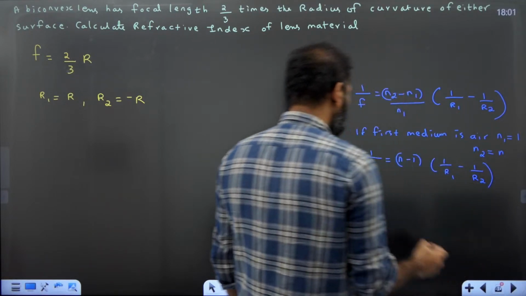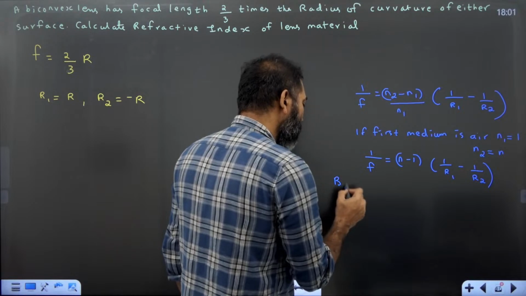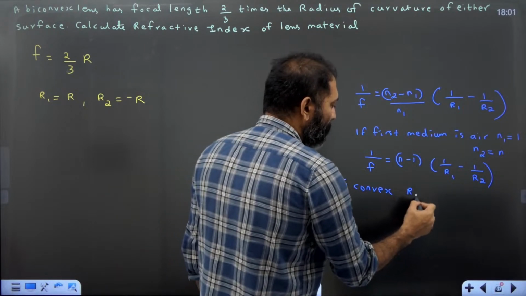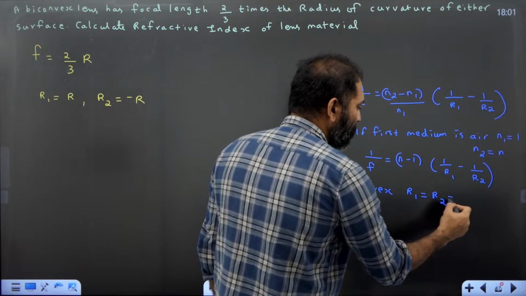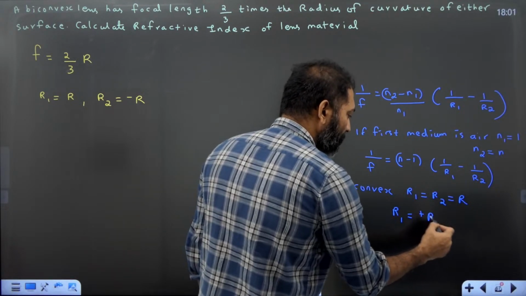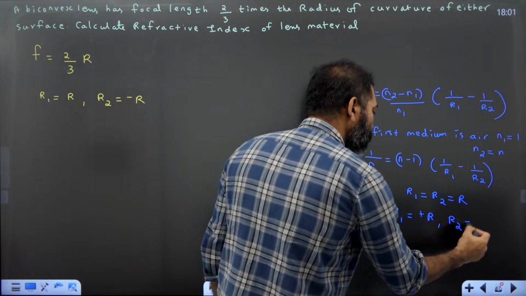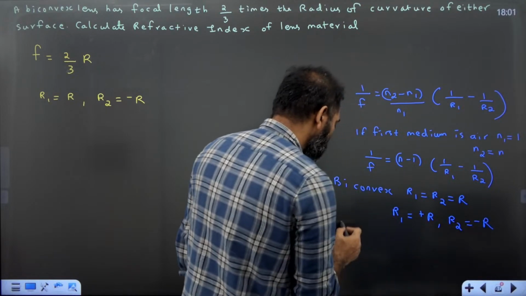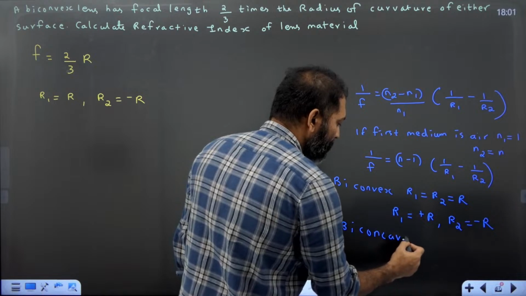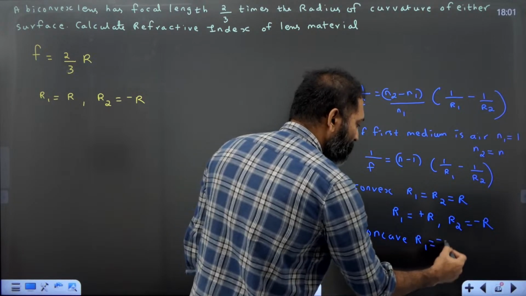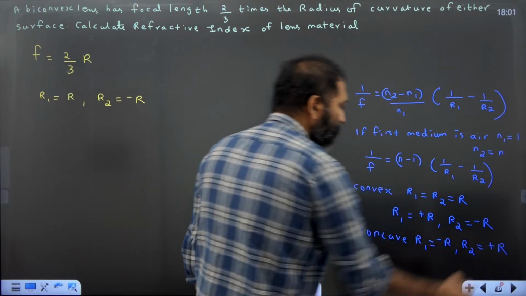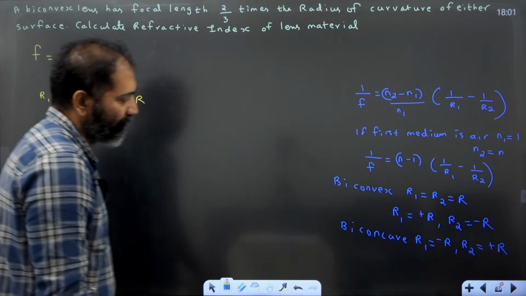Now remember, biconvex means R1 equals R2 equals R. So instead of R1 you should write plus R. Instead of R2 you should write minus R. If it is biconcave, instead of R1 minus R, instead of R2 plus R. I hope that is clear.